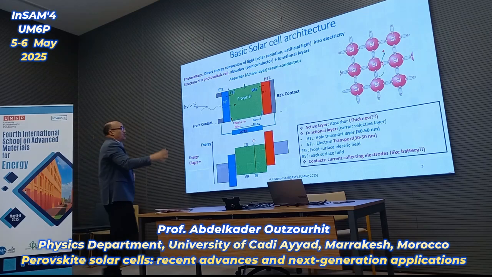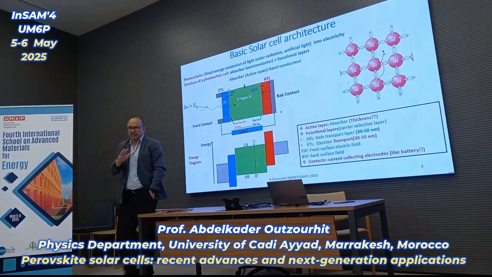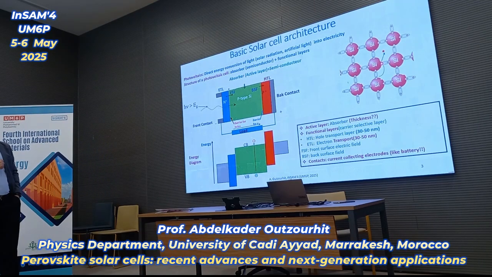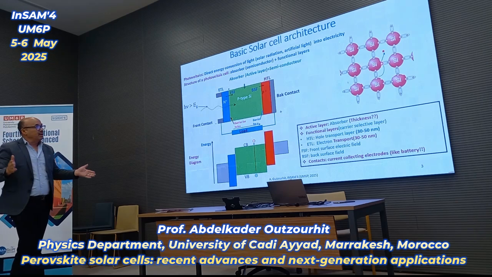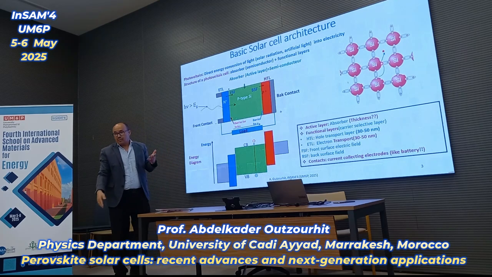The heart of this cell is the absorber, which is usually a semiconductor. In a semiconductor, as you know, you can liberate electrons and holes with energies that are in the solar spectrum, let's say 1 to 3 electron volts.